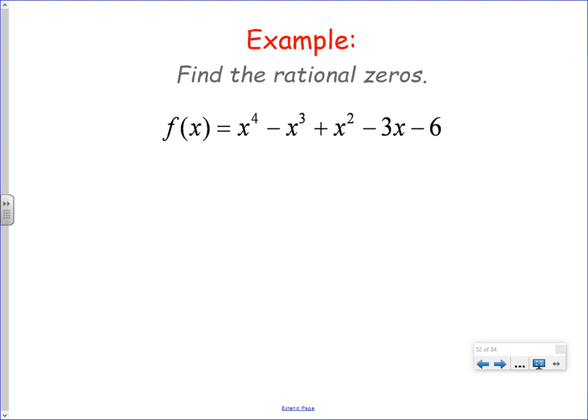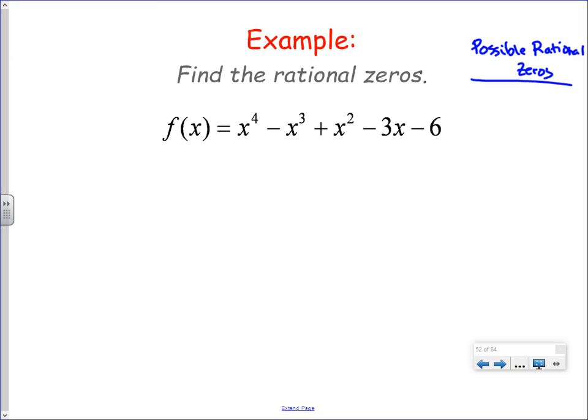Our little formula says for possible rational zeros, before we do anything, we consider the possible nice zeros. Not imaginary, not nasty decimals that don't correspond to a fraction or a whole number.